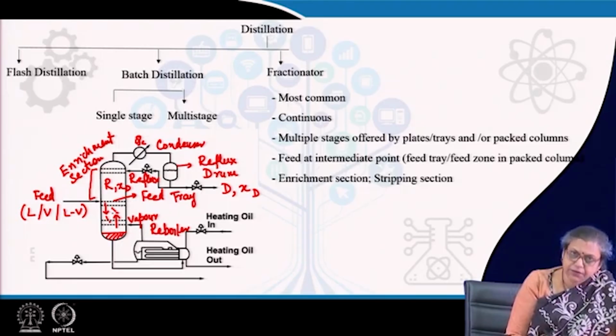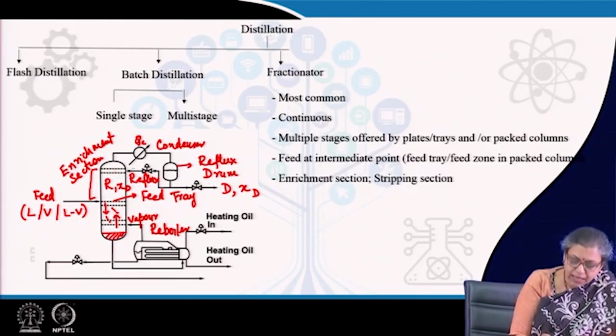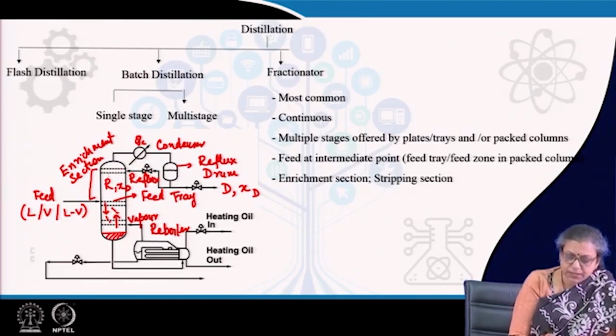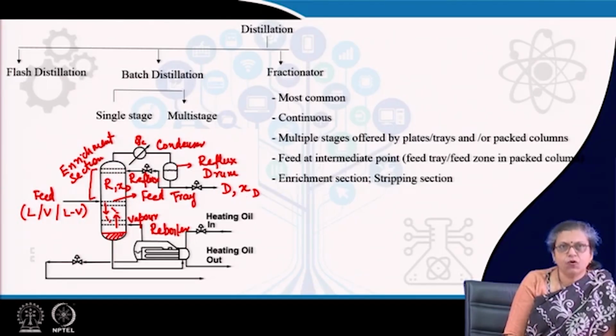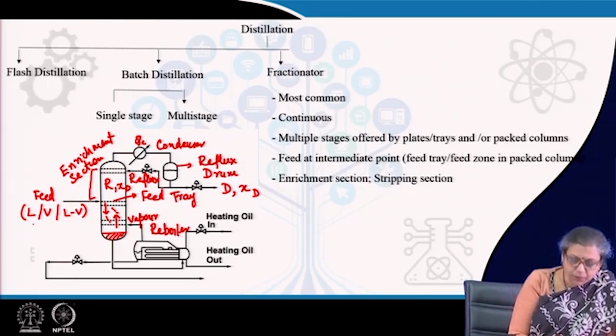The vapor becomes richer in the more volatile component, then it rises up. In the enrichment section, the enrichment of vapor with respect to the more volatile component continues as it comes in contact with the reflux, and finally with all this enrichment we get an almost pure product from the feed that we started with.